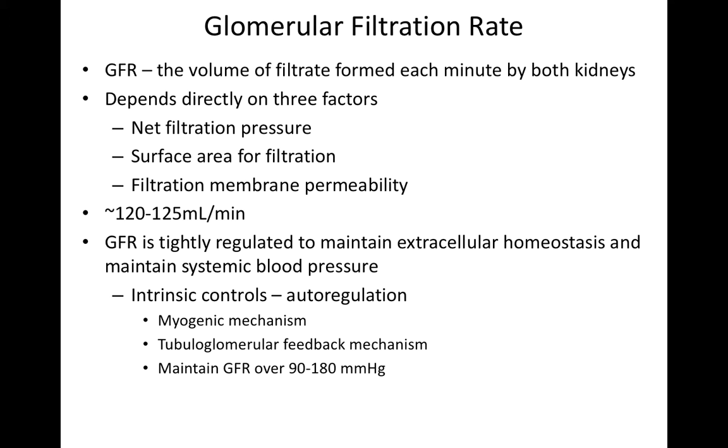That tiny little blip of a skyrocketing blood pressure for less than a minute, a few seconds usually. If intrinsic controls didn't exist, that blip would produce somewhere in the neighborhood of 35 liters of urine. That's gigantic. So we can have those crazy little blips where our blood pressure goes really high and GFR remains stable. So therein lies the beauty of autoregulation.